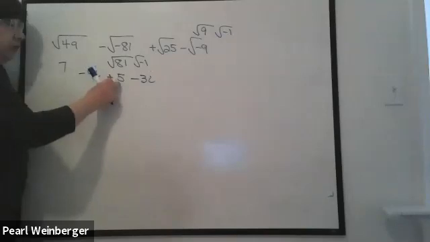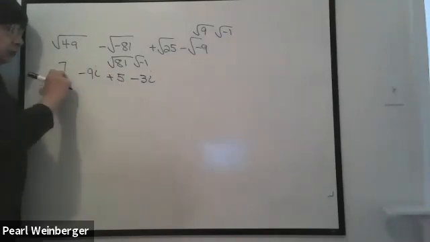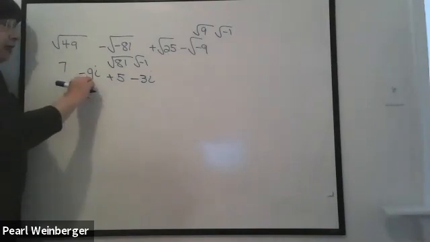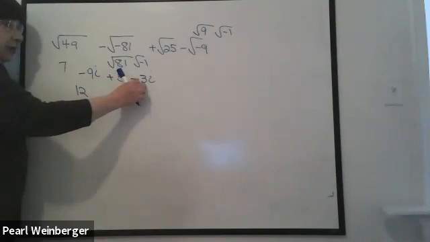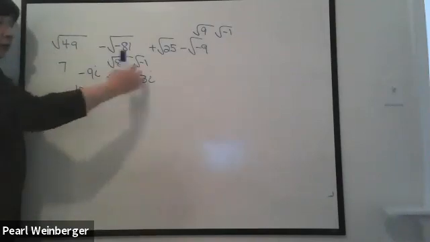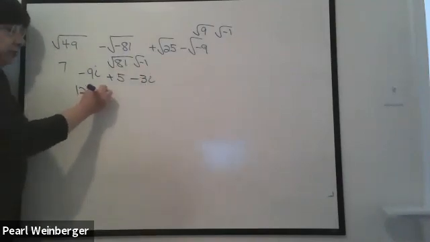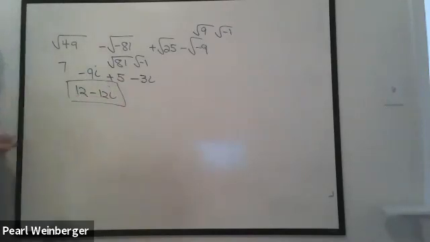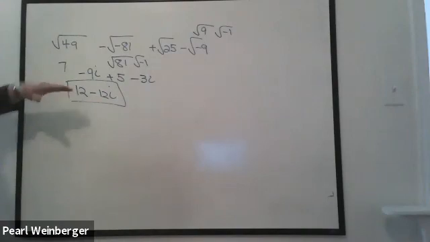And now I look at the like terms. The 7 and the 5 don't have any i's next to them, so they can be combined. 7 and 5 is 12. The -9i and the -3i can be combined because they're like terms. That's -12i. So my answer comes out to be 12 minus 12i.